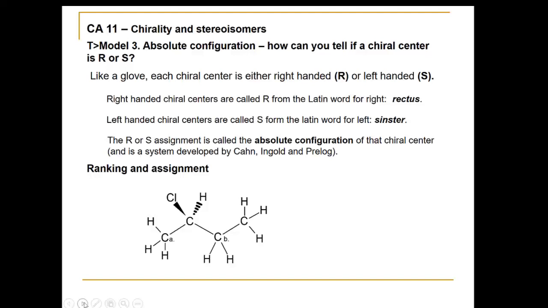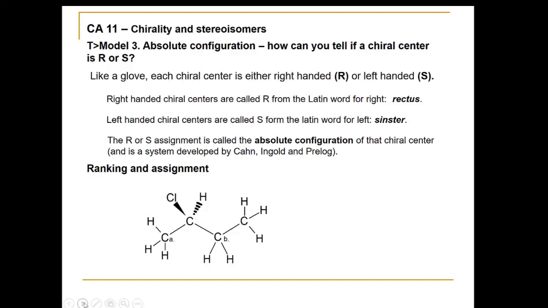And the way that we do this is we consider the chiral center and then we prioritize the 4 groups around that chiral center. So remember, in the case of carbon-carbon double bonds, we have stereocenters, and there are 2 groups to prioritize. In this case, our stereocenter is a chiral center, and there are 4 things to prioritize.